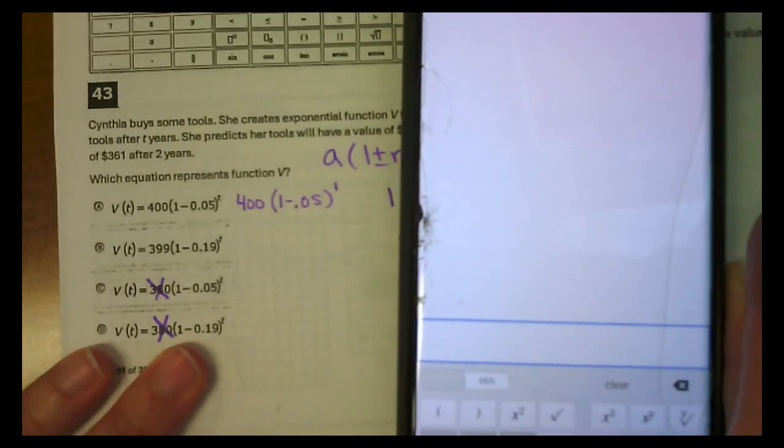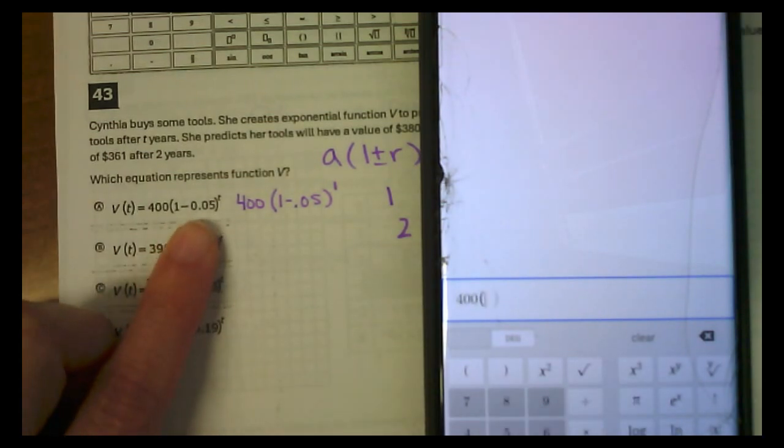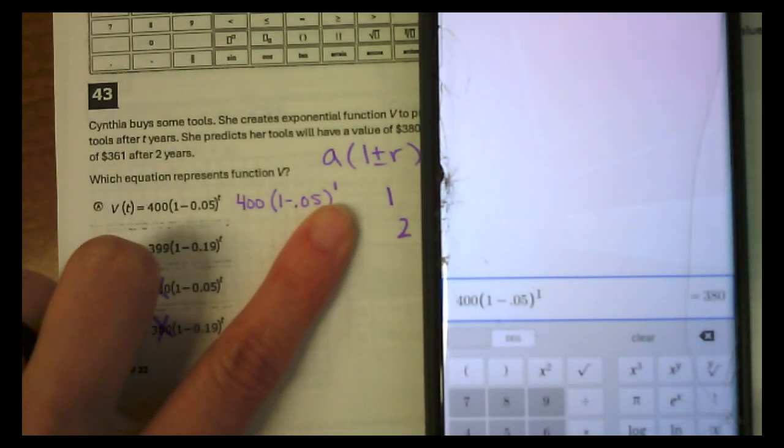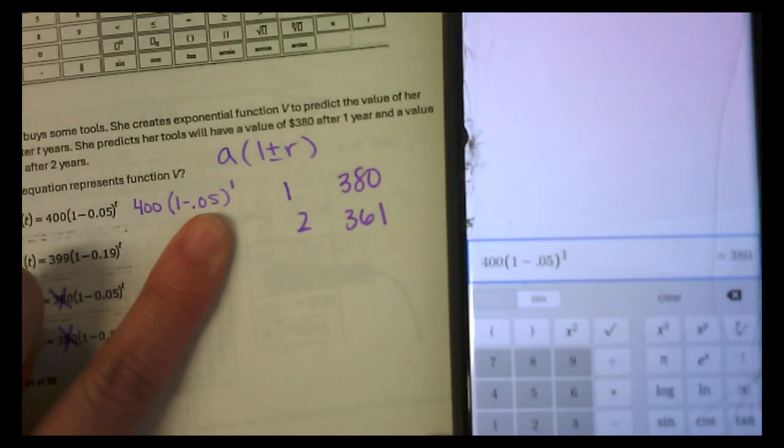I would type in 400, parentheses, 1 minus 0.05, close the parentheses, and I'm raising this to the first. My answer is 380, and that was what I was supposed to get.